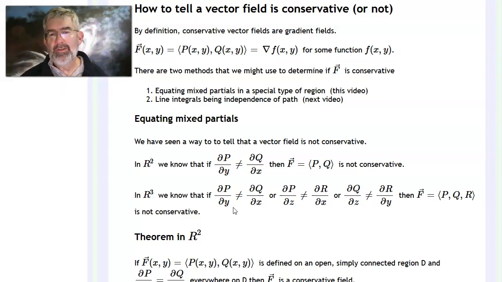So that's what all these things here are. If they're not equal, then it's not conservative. If they are all equal, then you've got a chance of it being conservative, and we would have to have a little bit more to be sure.